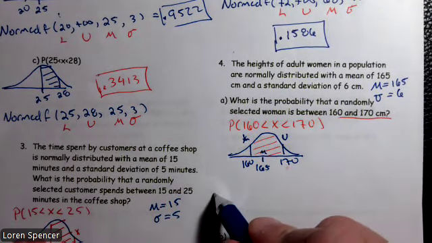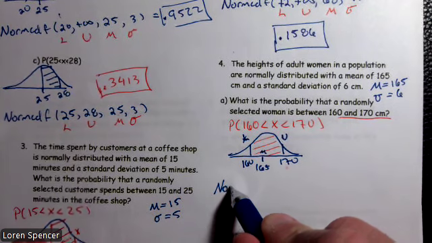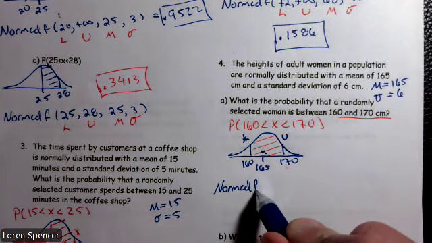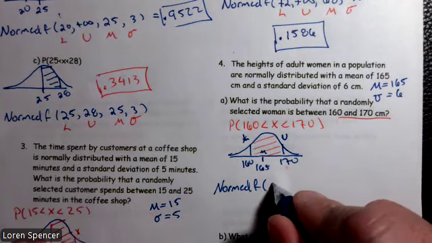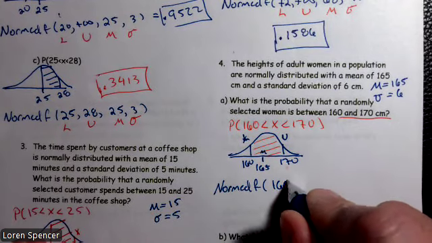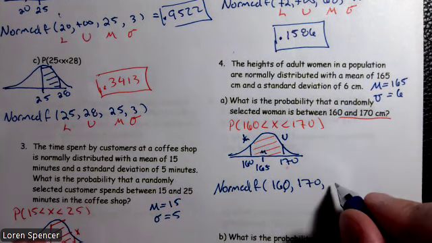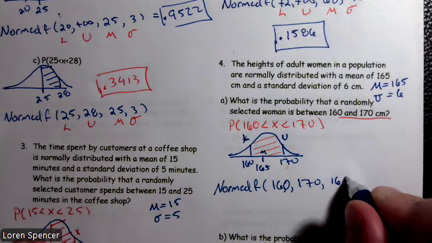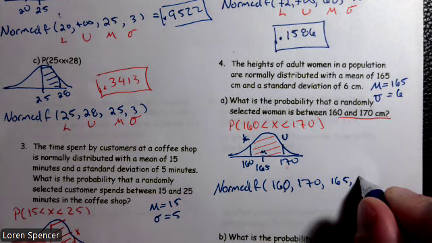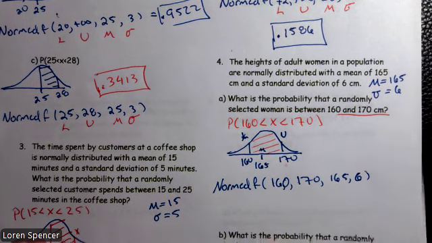So it's going to be a NormCDF. Lower is 160, upper is 170, mean of 165, standard deviation of 6. That's my LUMO.